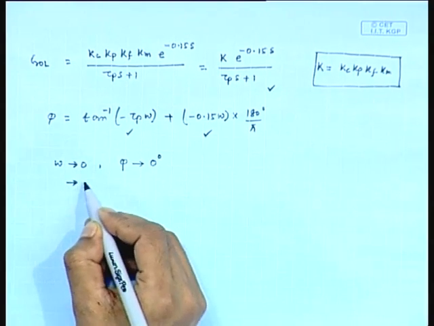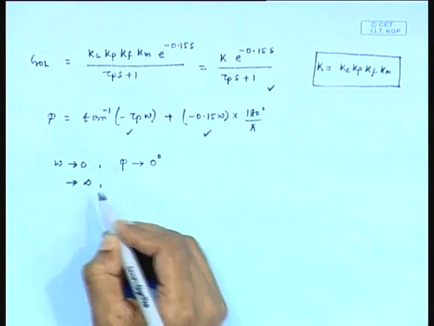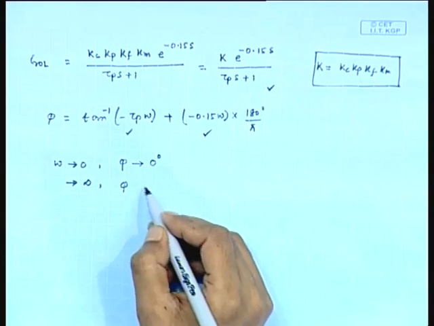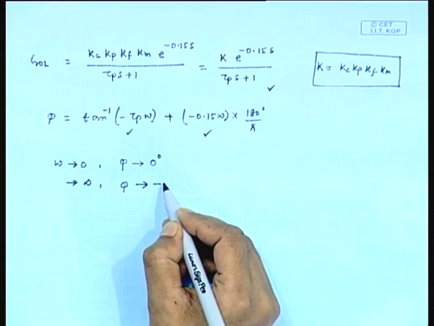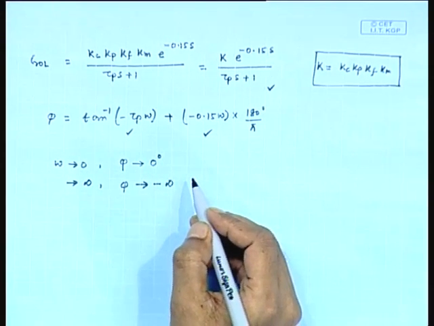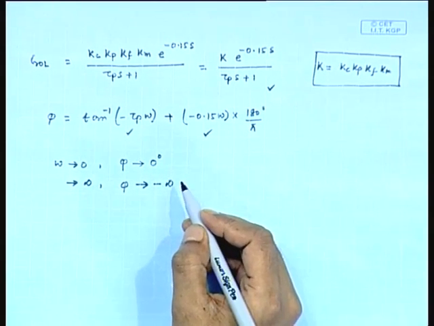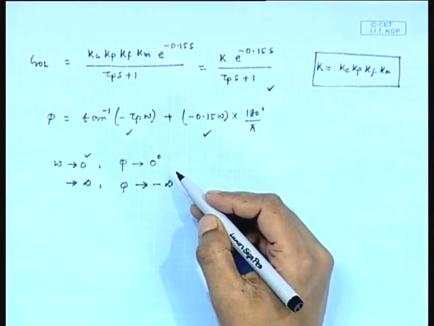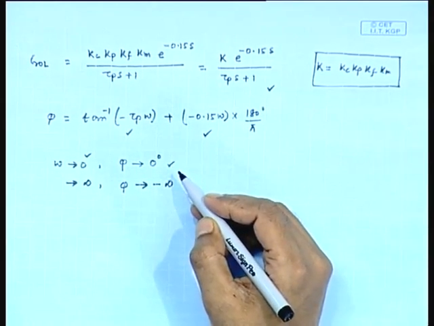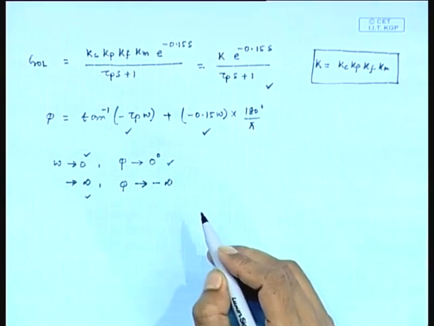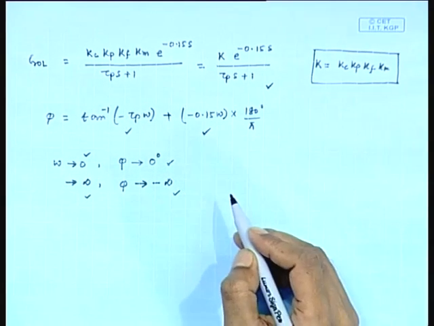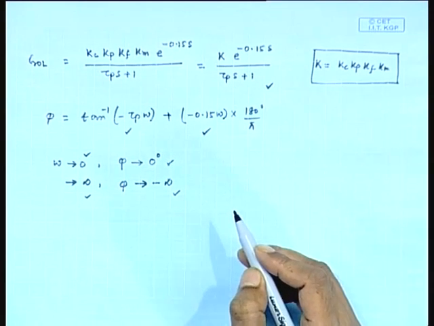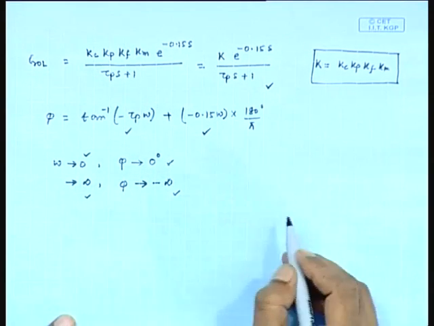When omega tends to infinity, phi tends to minus infinity. Agree? So, what about crossover frequency? Crossover frequency exists.